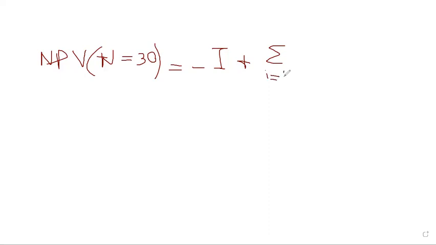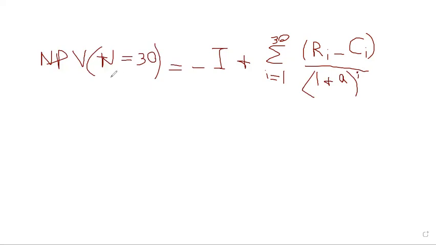Since we want to calculate the NPV at the end of lifetime, we put until 30, of the revenue at each year i minus the cost for each year i, over 1 plus a. And this term over (1 plus a) to the power i is to take into account the discounted value of money with time.